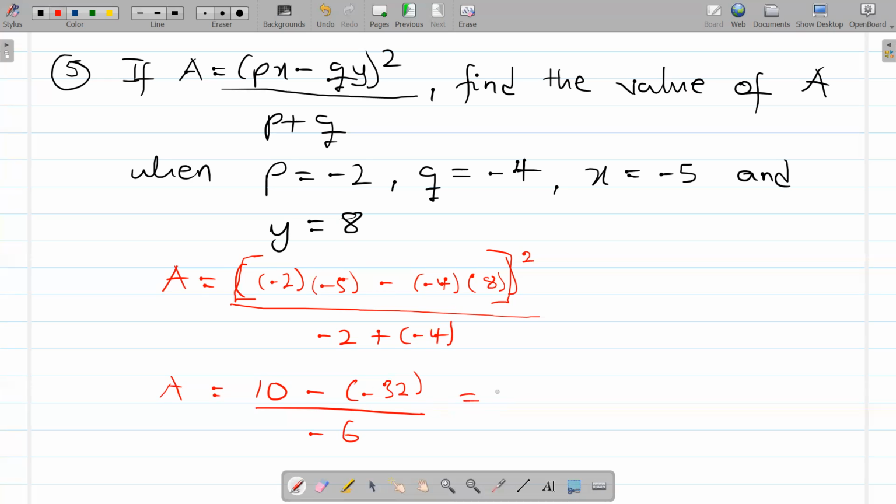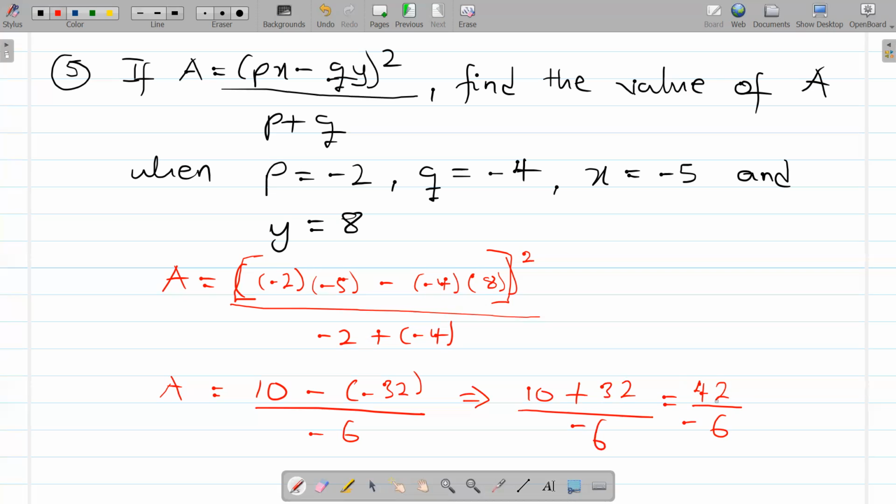So now this implies that we have 10 plus 32, because negative, you get positive, over minus 6. So 10 plus 32 is going to give you 42, over minus 6.